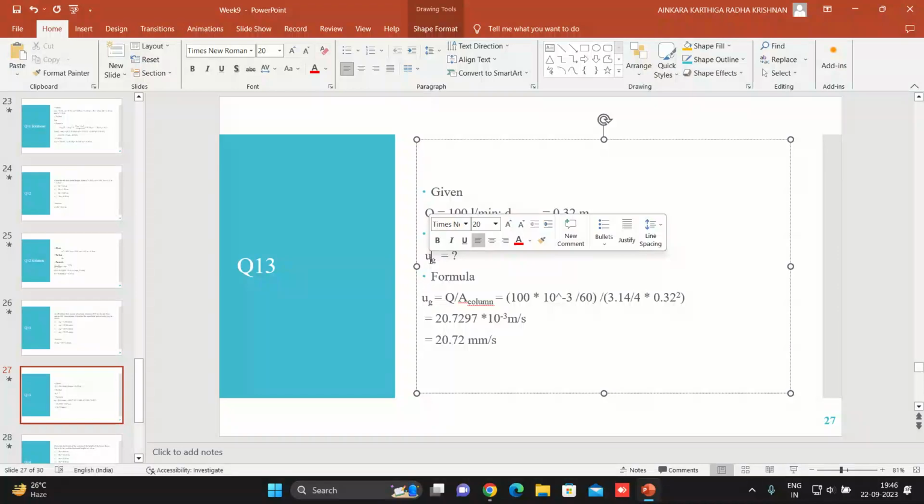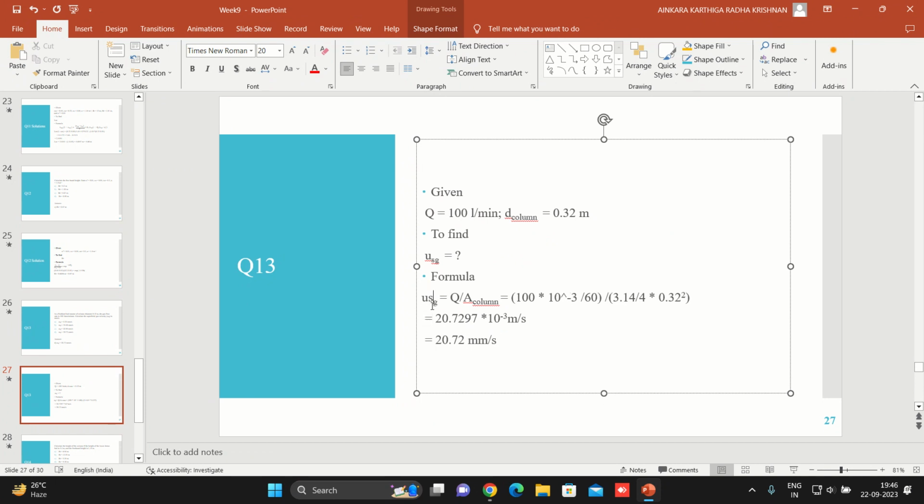So how are we finding it? First we found out Q in meter cube per second, and the area of the column is nothing but pi by 4 d square since it is a circular column. So we all know Q by A gives the velocity, that is the superficial gas velocity. So we are dividing the flow rate by the cross sectional area.